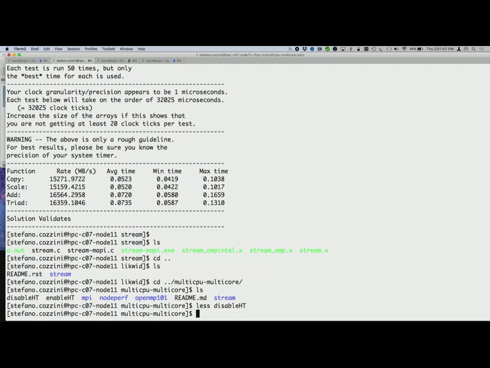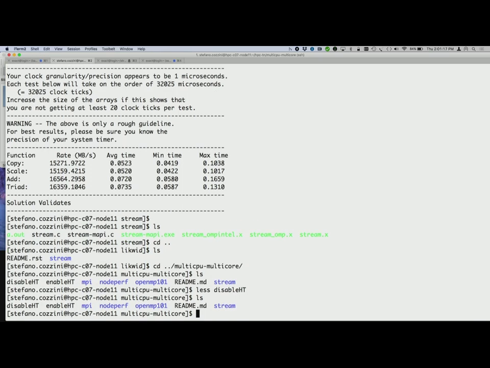But I think we need root permission to do that. In any case, that could also be something that you can play with on your laptop.